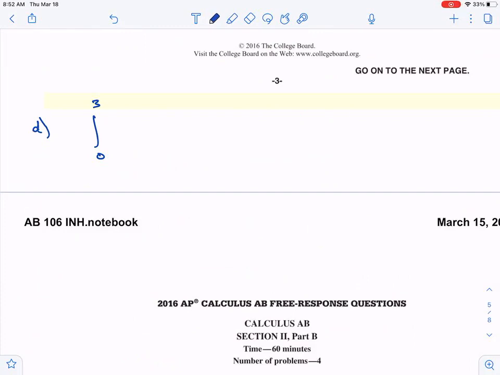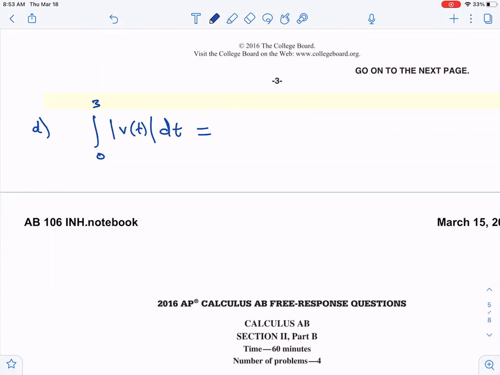I want total distance, so the integrand has got to be the absolute value of velocity, dt. If I just take the definite integral of velocity, that's going to give me the displacement from time 0 to time 3, not the total distance.